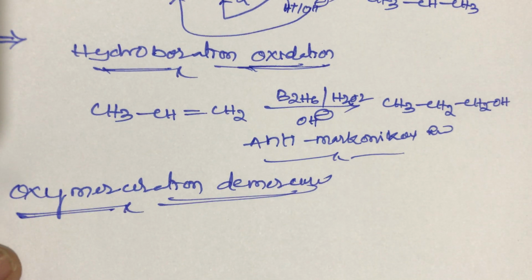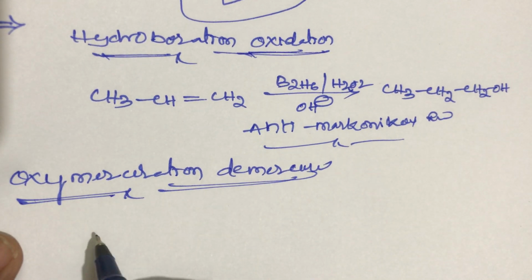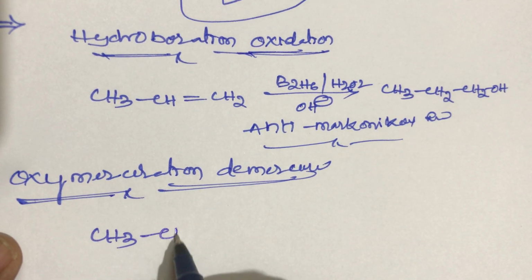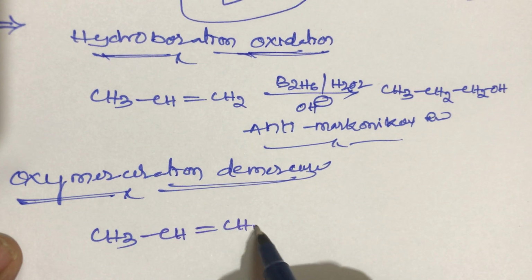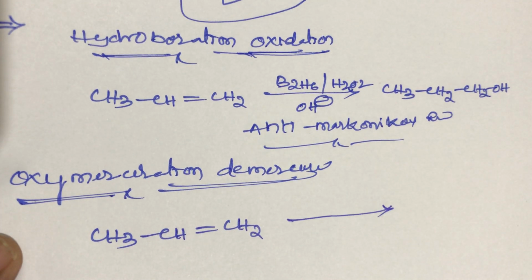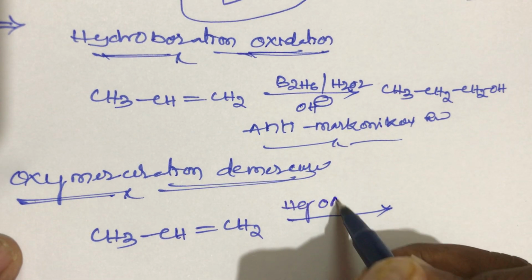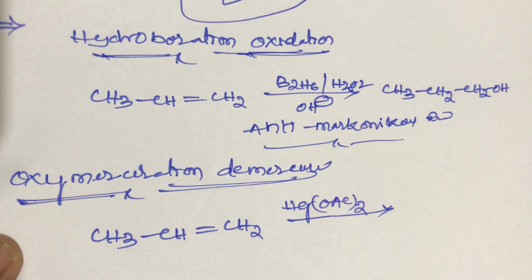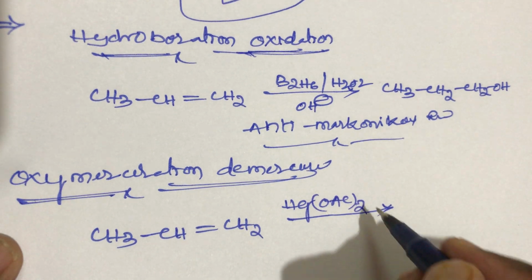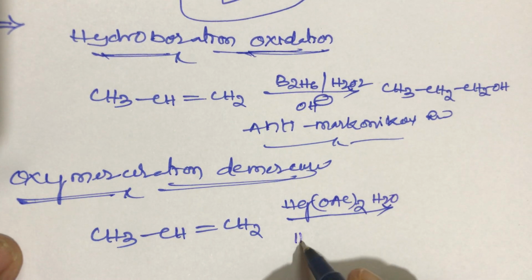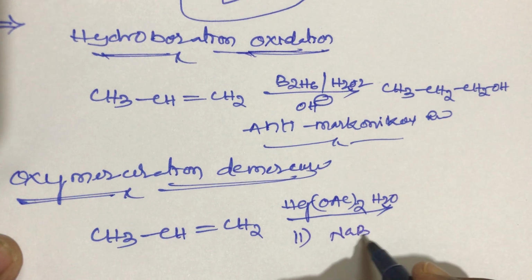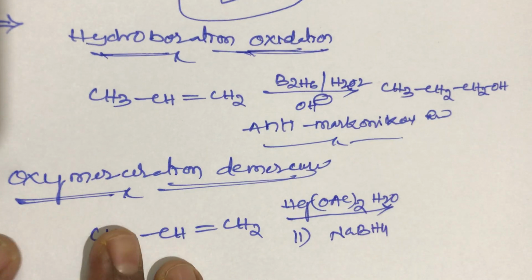In this reaction also, an unsymmetrical alkene, CH3CH=CH2, is used in the presence of mercuric acetate and water. The second reagent is the reducing agent, sodium borohydride, NaBH4.